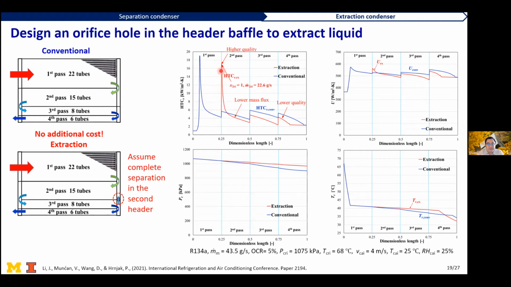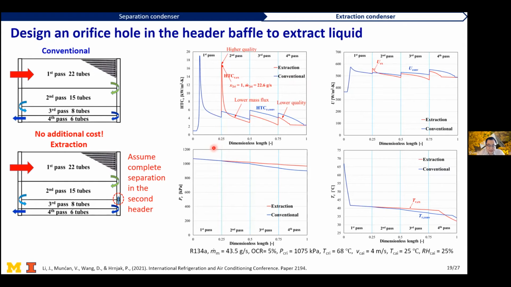So we see, similarly as before, a peak of the HTC. However, because the mass flux is reduced due to only vapor, that can create some penalty downstream. Because of the lower mass flux downstream, the HTC will reduce downstream. And here this U incorporates the air-side heat transfer coefficient. It has a similar profile.